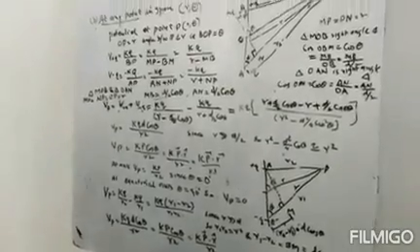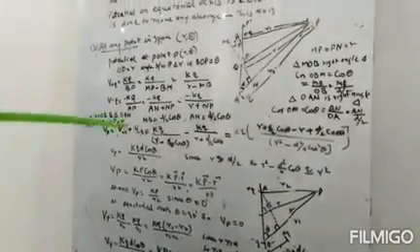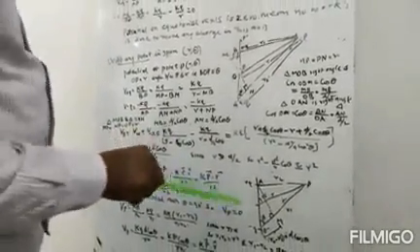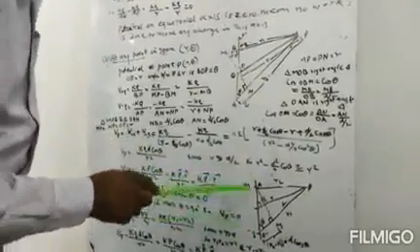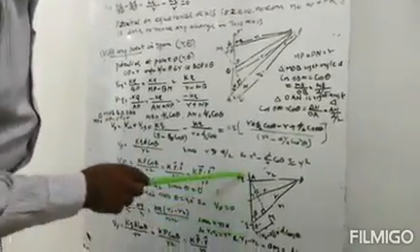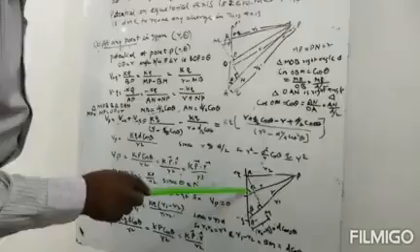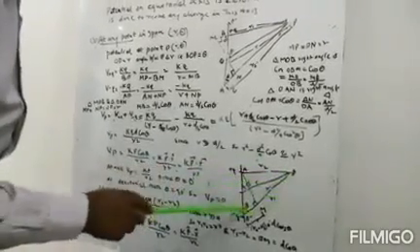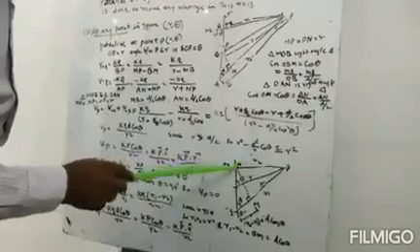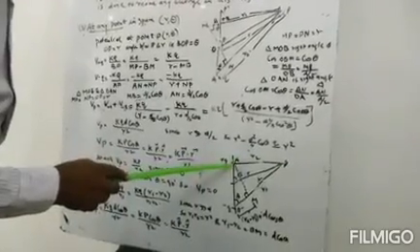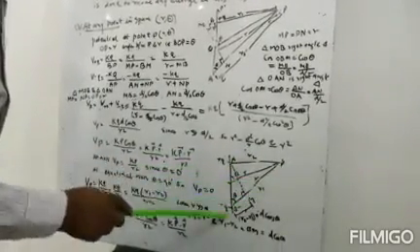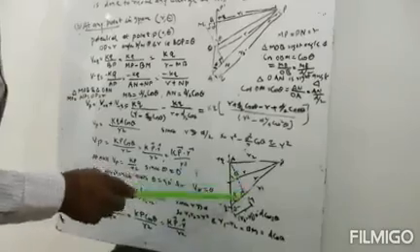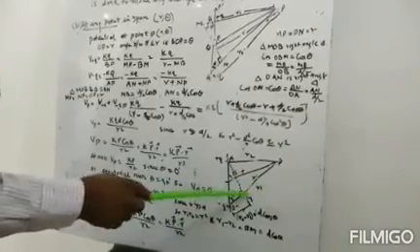Now we can have another method to find the potential due to the dipole. Just consider this is the negative charge, this is the positive charge, this is the center, it is at distance r, this distance is R2, this distance is R1. You drop a perpendicular from point B to the line AP and it touches here.